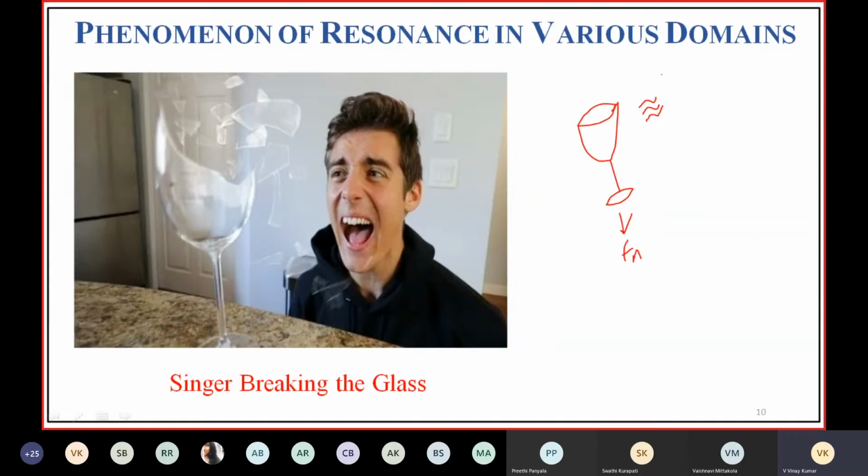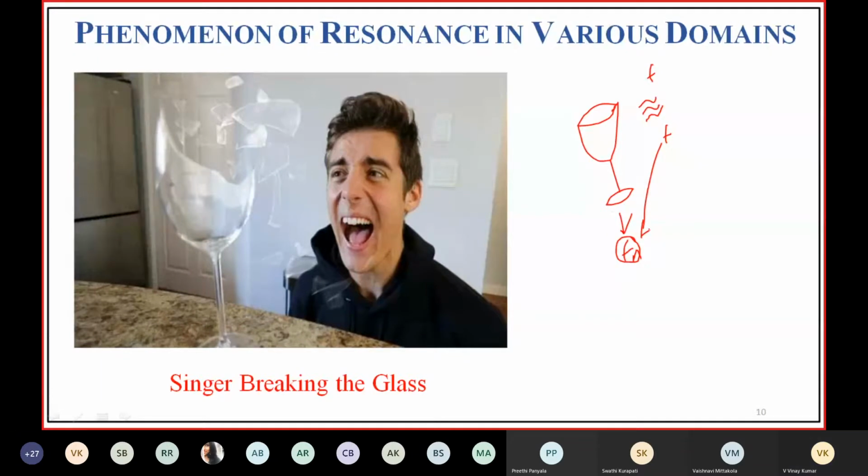It means that when the frequency of waves produced by you matches the frequency of the glass, then resonance occurs. That is, if the frequency of an object matches the frequency of the driving force. Here you are producing sound waves, which have a frequency. When this frequency matches the frequency of the object, then resonance occurs.